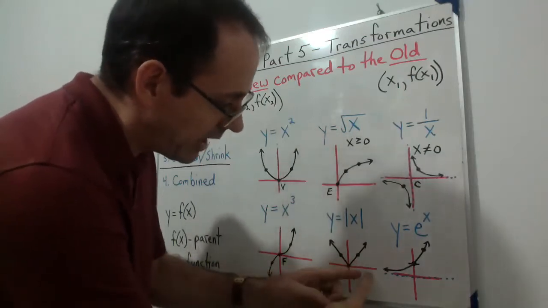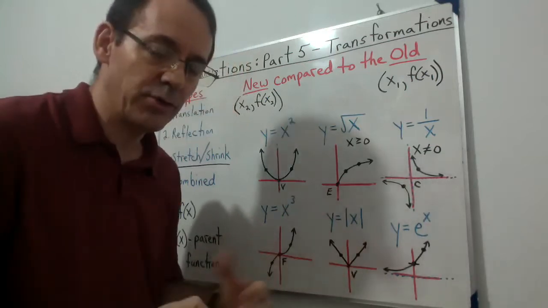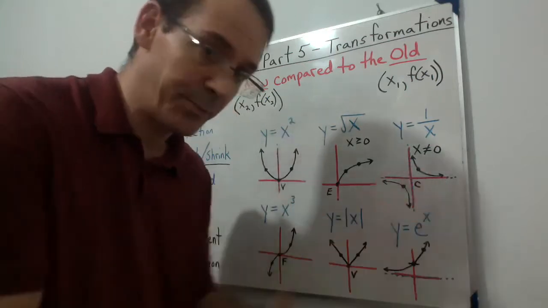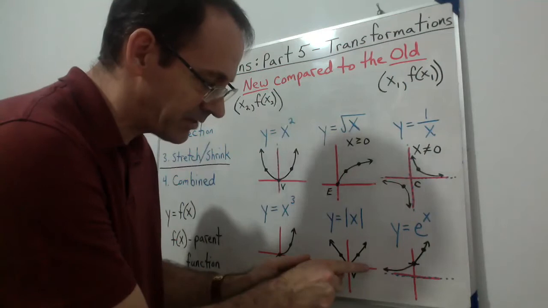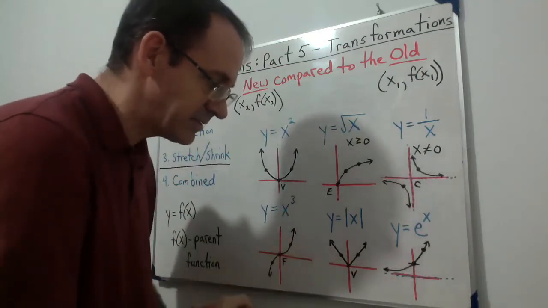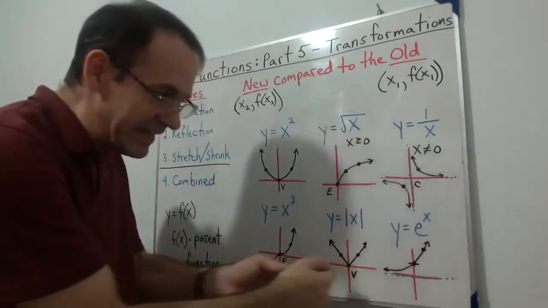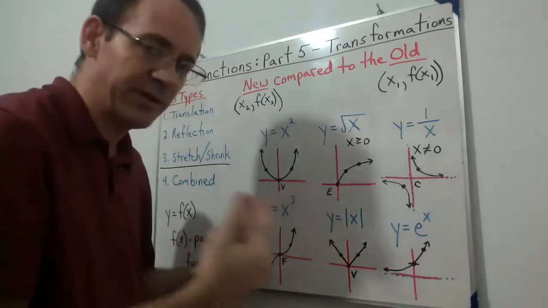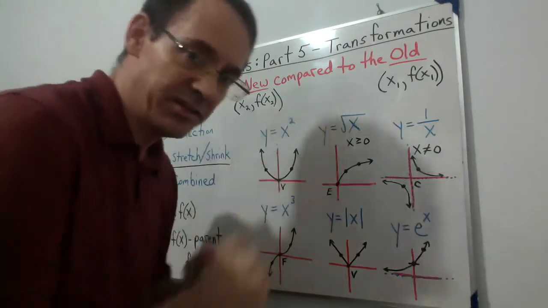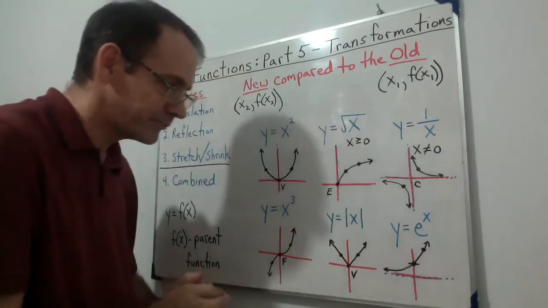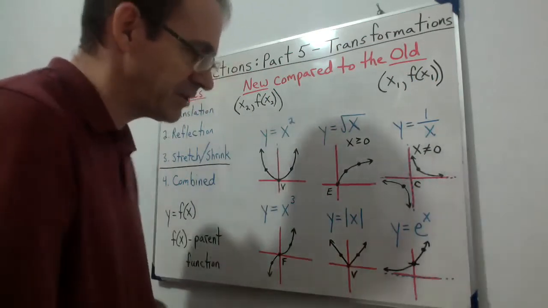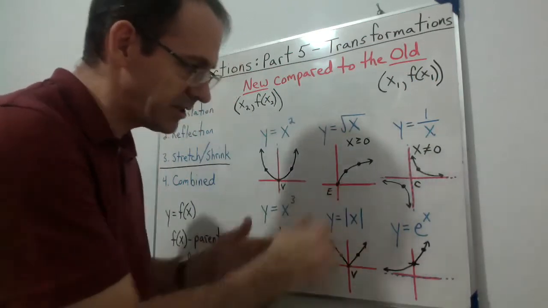When x is positive, the absolute value of a positive number is still positive. So as x goes in the positive direction, your y is positive. As x goes in the negative direction, your absolute value of a negative changes it to positive. So it goes up again. So this is an absolute value function or modulus function.